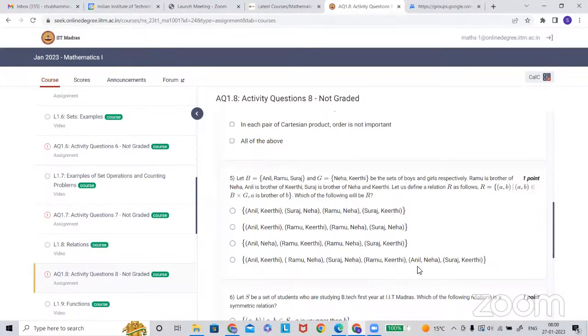Anil and Neha is going to be an element of that set. Hello, sir. Please keep the chats off. This is disturbing the screen. No, there is no chat on my screen. I hope my screen is visible properly to all of you. Yes, sir. Sir, could you please repeat that third option? The chat is appearing in the center of the screen. They can mute the chat option; there is nothing on mine.